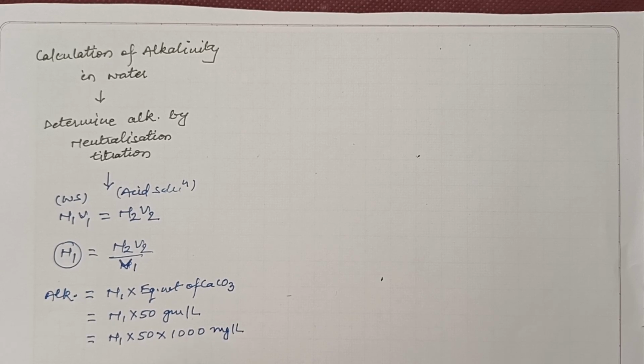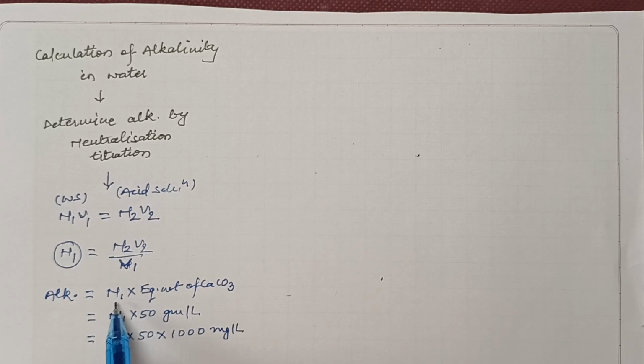So this alkalinity is calculated by the multiplication of equivalent weight E into the normality.